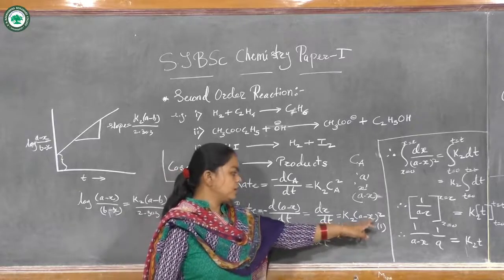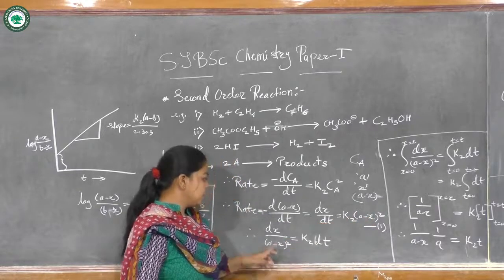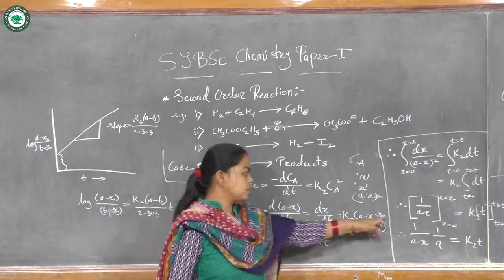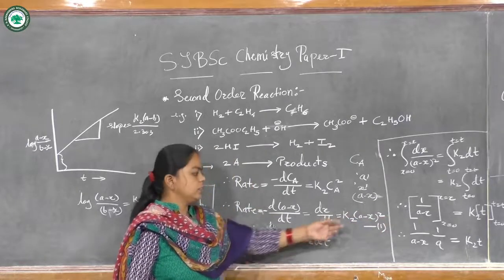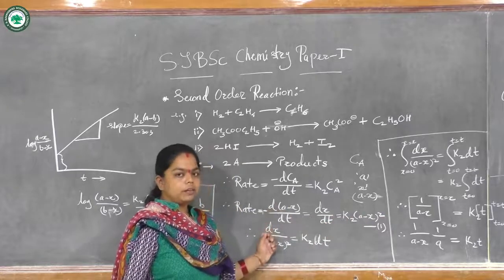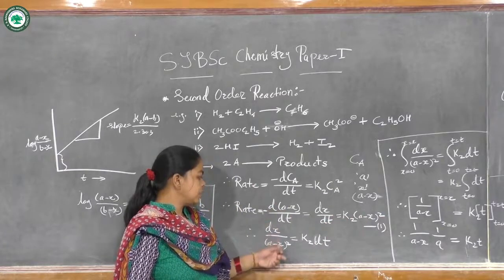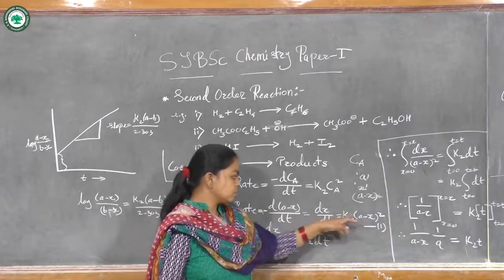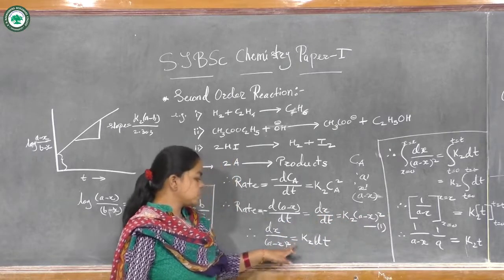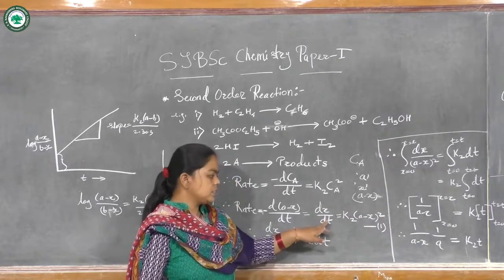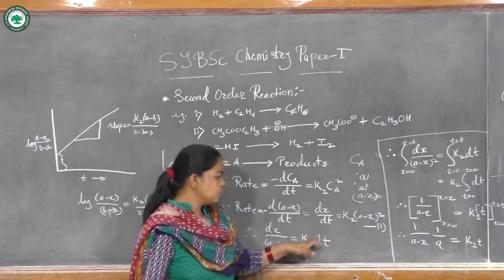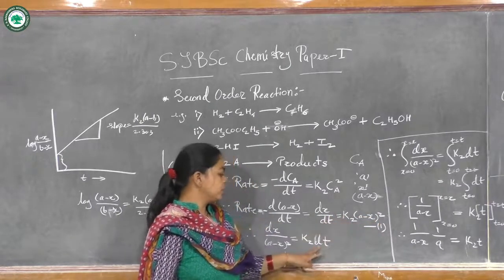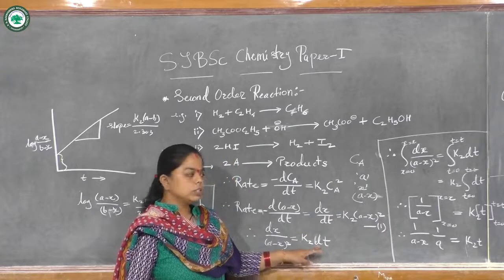So (A minus X) raised to 2 goes to the denominator when it is shifted to the left hand side. So we are getting dx upon (A minus X) raised to 2 equals K2, and this dt, which is on the left hand side, goes to the right side. From denominator it goes to numerator, so it becomes K2 into dt.